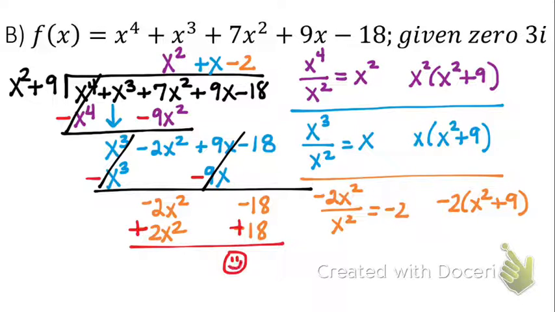Okay. So now you need to solve this factor, this quadratic. So take this that you have at the top and factor that down. So take x squared plus x minus 2 and factor that down.